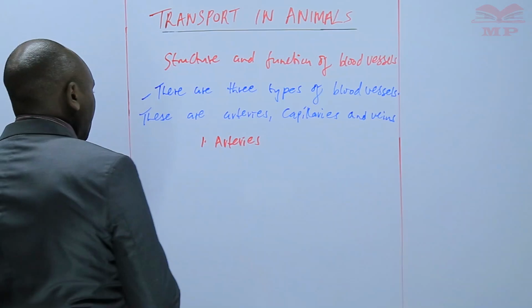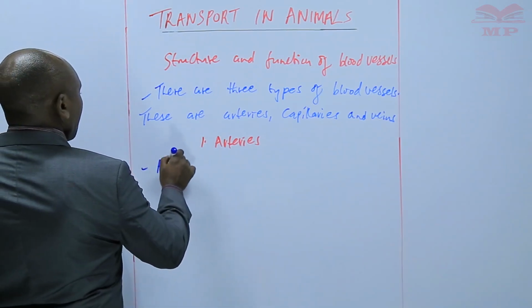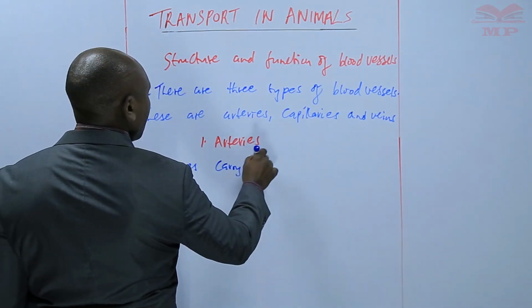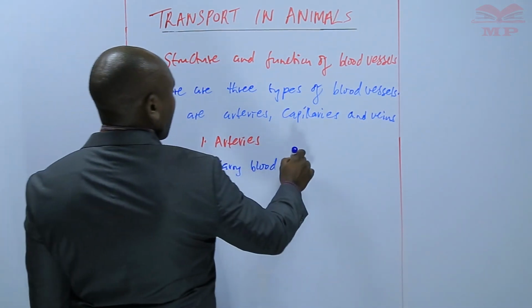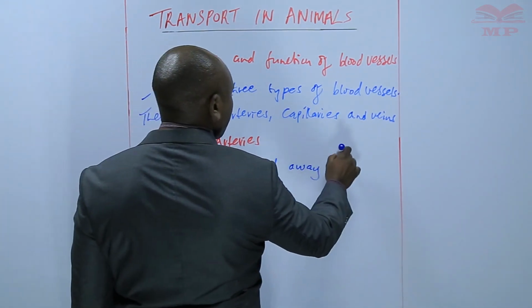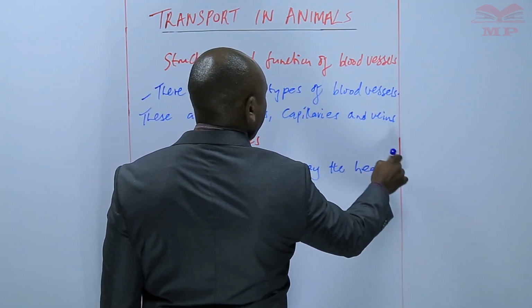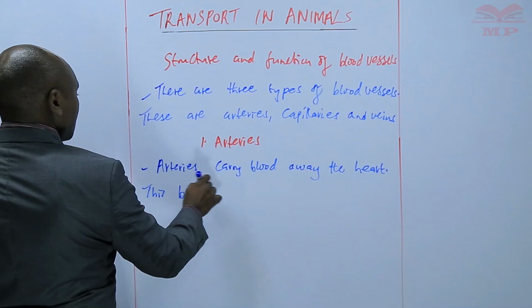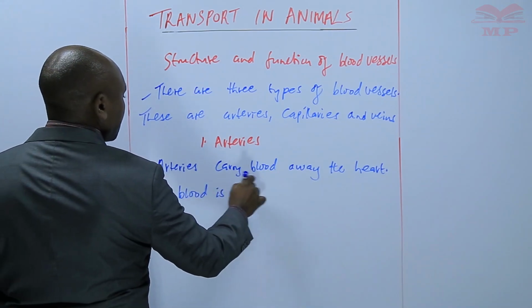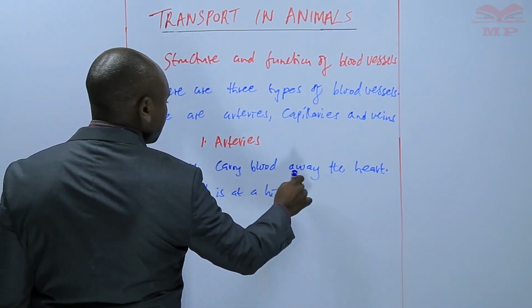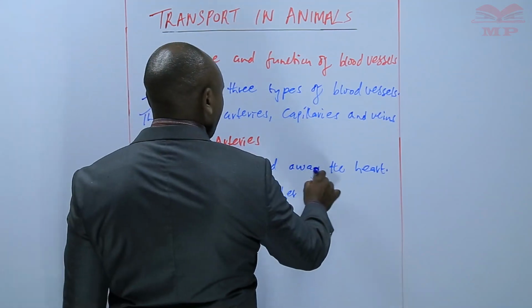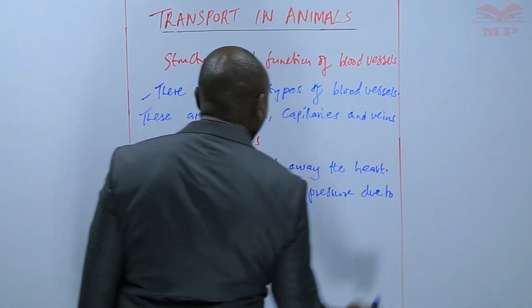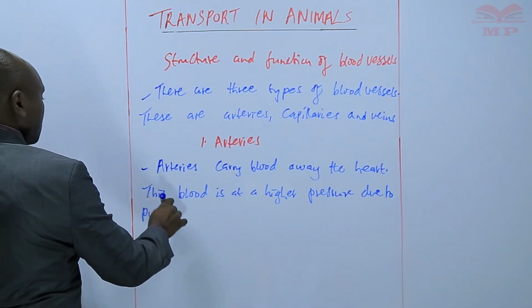So basically, we are saying that arteries carry blood away from the heart, and this blood is at a higher pressure due to pumping action of the heart.